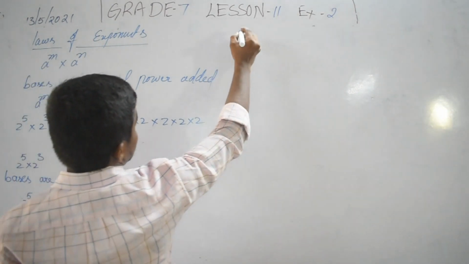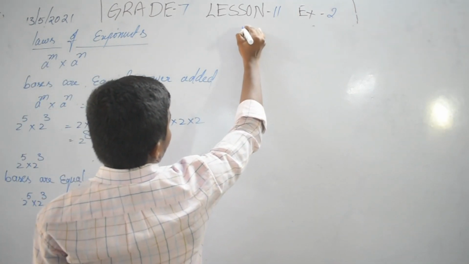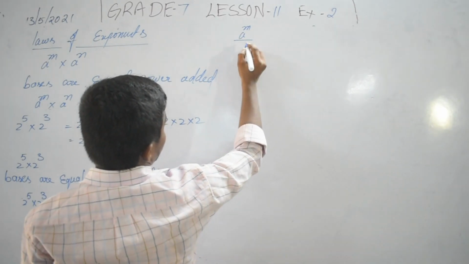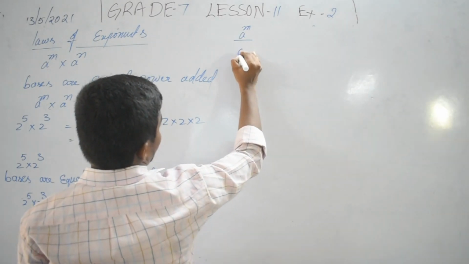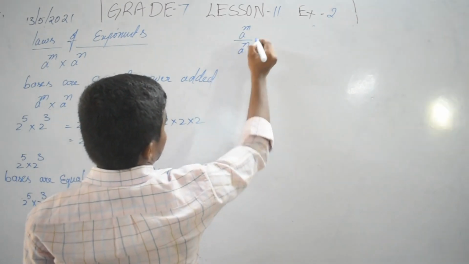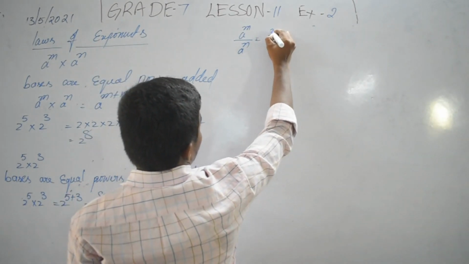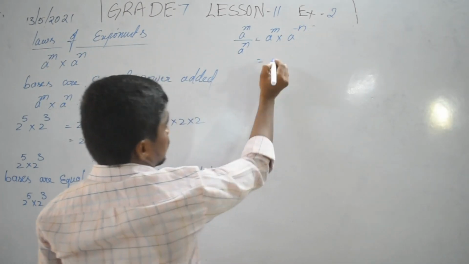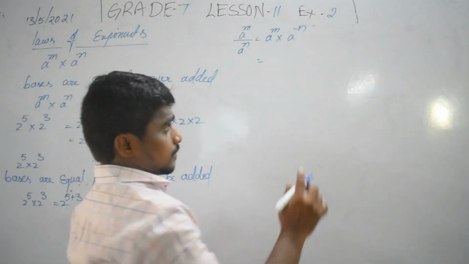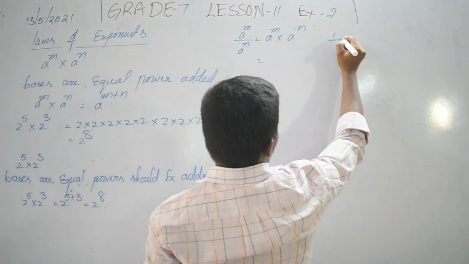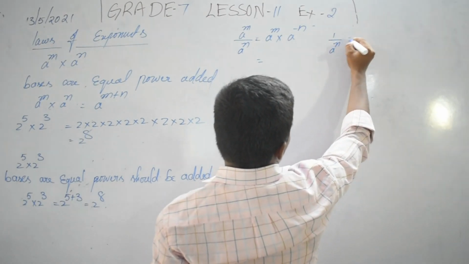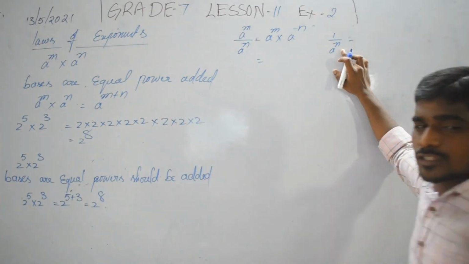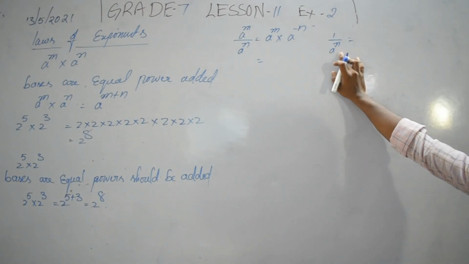Next, a power m by a power n is a power m cross a power minus n. Here, 1 by a power n, where a power n is in the denominator place.